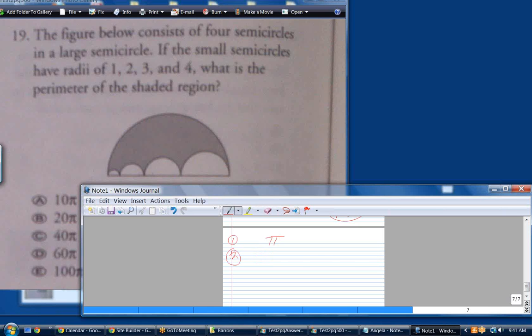It's going to be 2 pi. And the third circle? 9 pi. Is that right? And the fourth circle? Is the 9 pi one right?